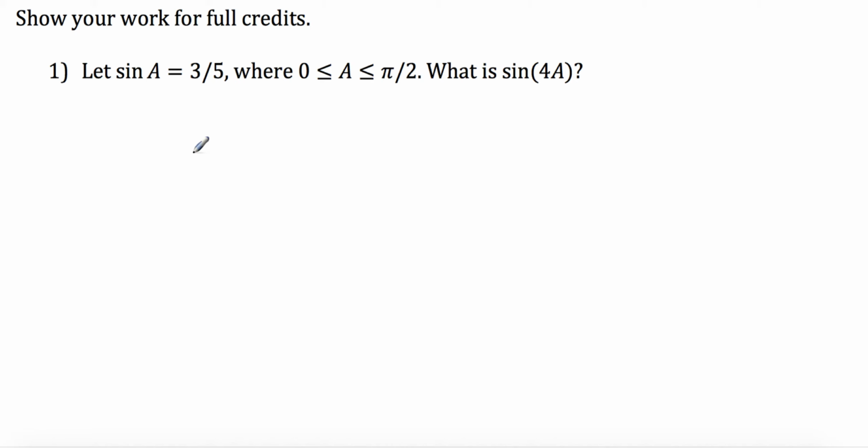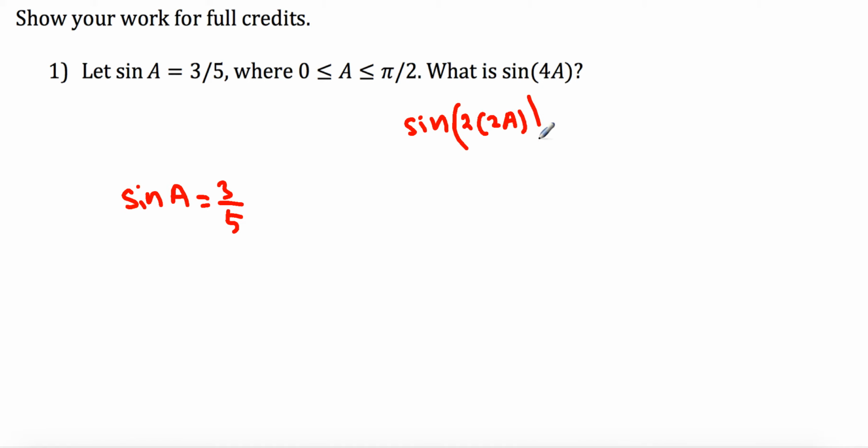So we know that sine of A is equal to 3 over 5. But to get sine of 4A, we can consider sine of 4A as the sine of 2 times 2A.